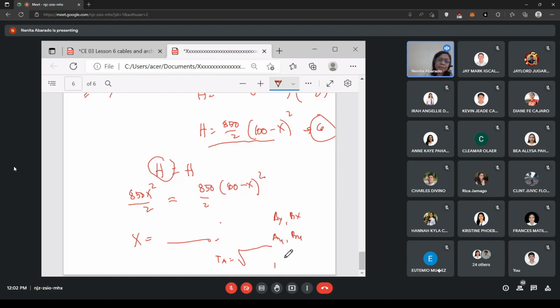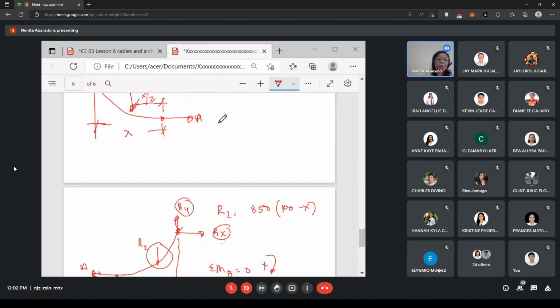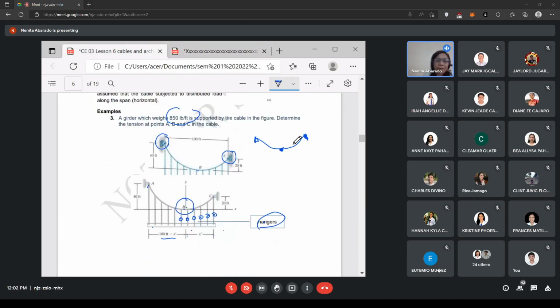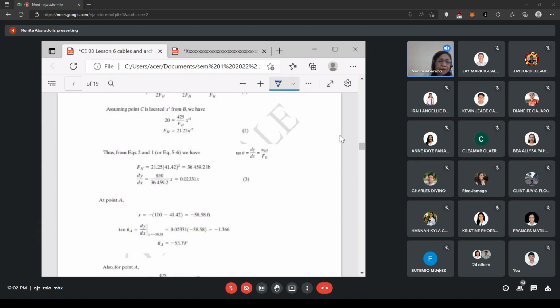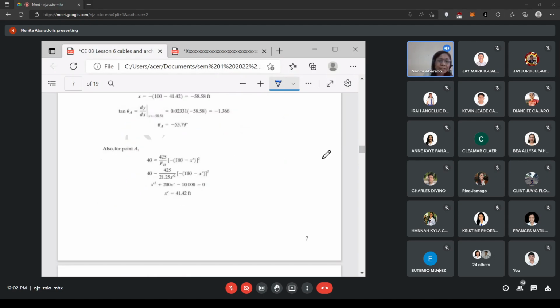And tension at point B is square root of BX squared plus BY squared. So that is how you're going to solve the problem class on uniformly distributed load. Pwede kayo mo go over like this one, pero pwede nyo ma-avoid this. Pwede kayong do away from this.